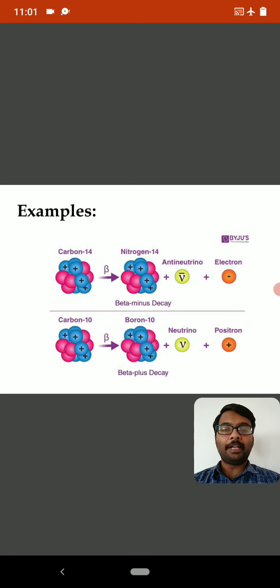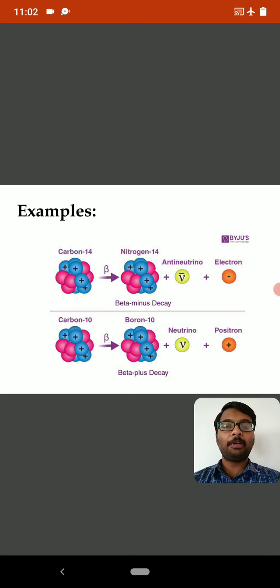After undergoing beta minus decay, it is converted into nitrogen 14. Nitrogen is next to carbon, so it has 7 protons, and the total number of nucleons is 14, so 14 minus 7 means it has 7 neutrons. So carbon 14 has 6 protons and 8 neutrons.